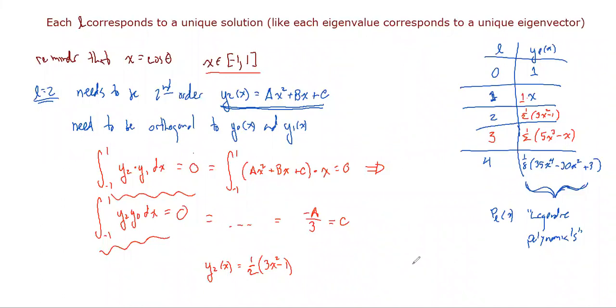Okay, and what you can do is you can show that P_L of x, P_K of x, in this case, integrated from -1 to 1, what does that equal?